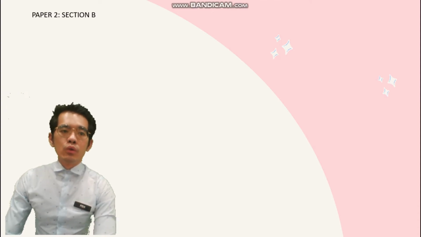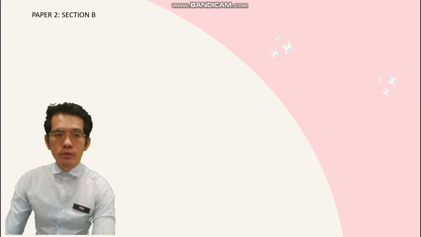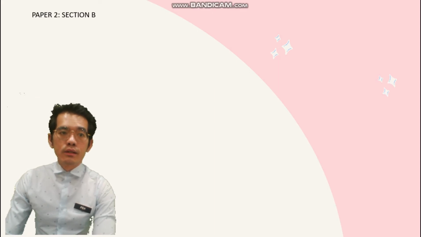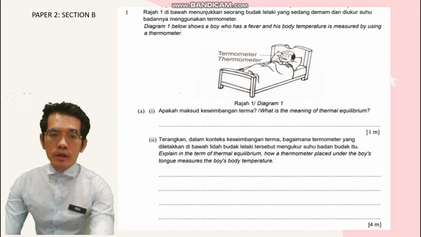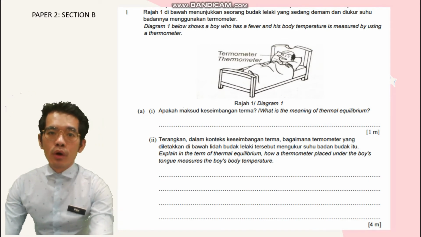So now we are going to our last question for today's discussion, which is a question at section B, paper 2. So let us read the question together. Diagram 1 below shows a boy who has a fever and his body temperature is measured by using a thermometer.